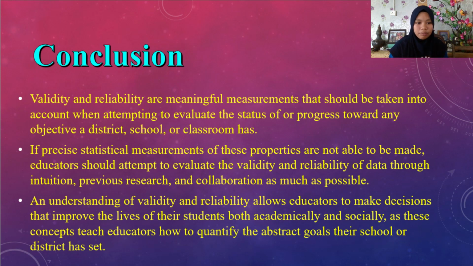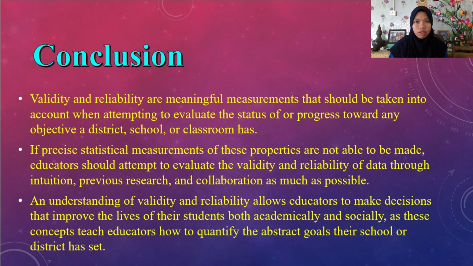This means that validity and reliability are meaningful measurements that should be taken into account when attempting to evaluate the status of our progress toward any objective, or district, school, and so on.